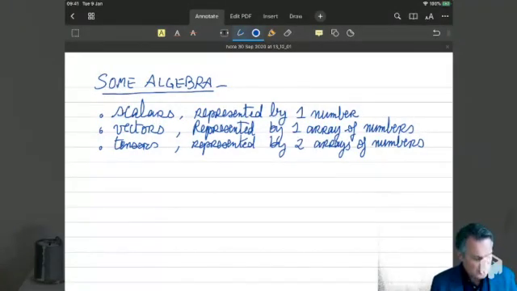Okay, so just to remind you of the conventions for vectors.